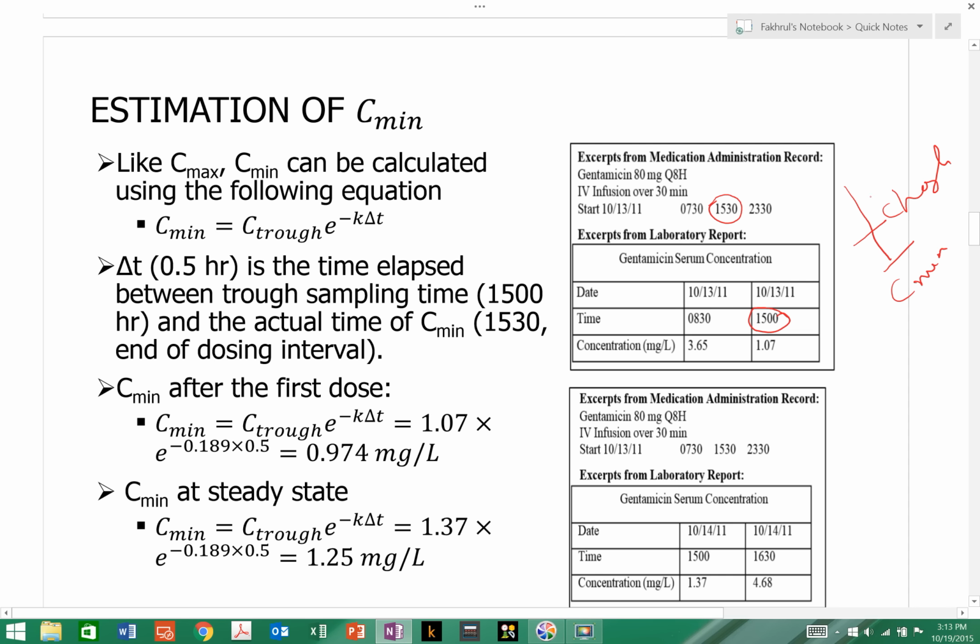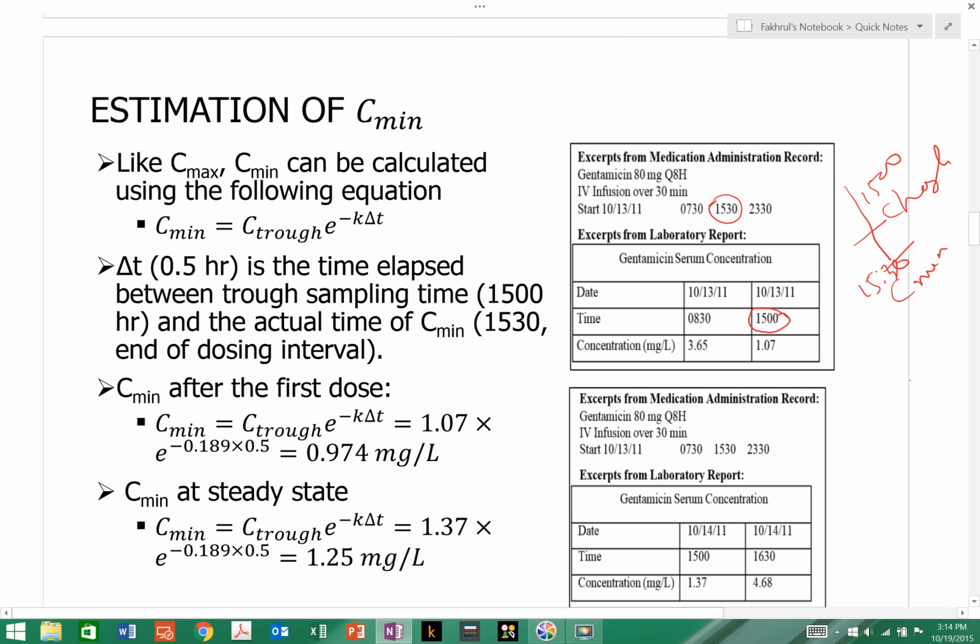So if you have taken the sample at 1500 and your Cmin, the end of the dosing interval, is 15:30, in this case again it is 30 minutes. So always you have to remember it is the difference between the sampling time and the end of the dosing interval.